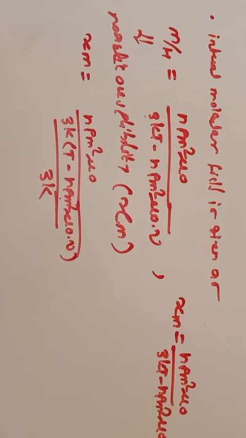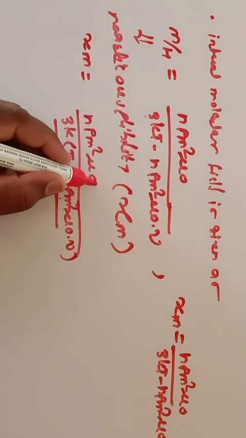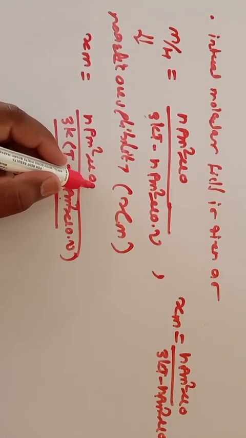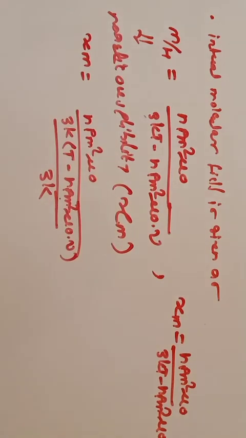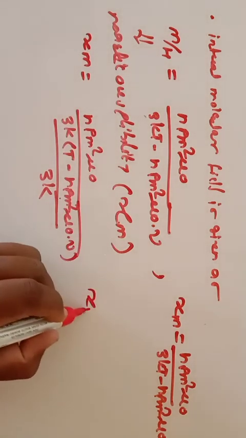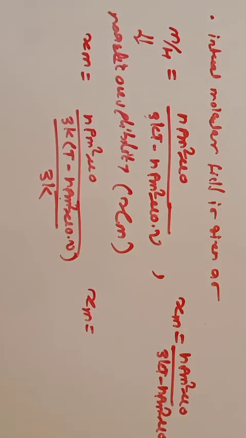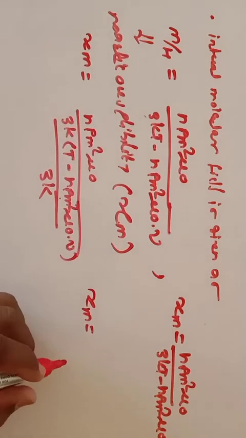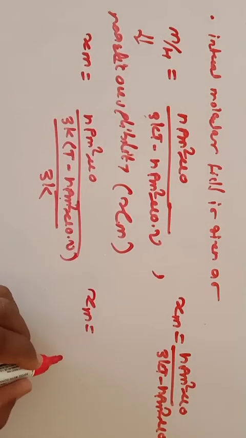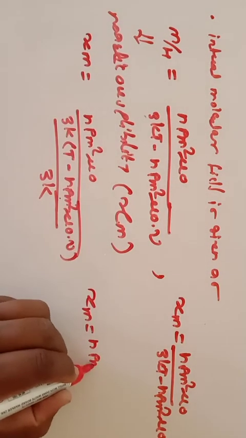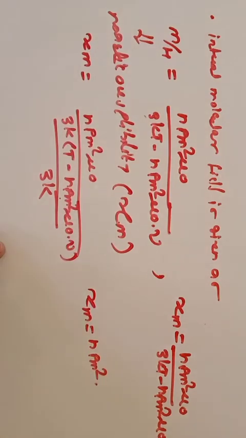Just this 3k is transferred to the numerator. So we can write this equation as x by m, or chi by m, which is equal to n pm square mu 0.